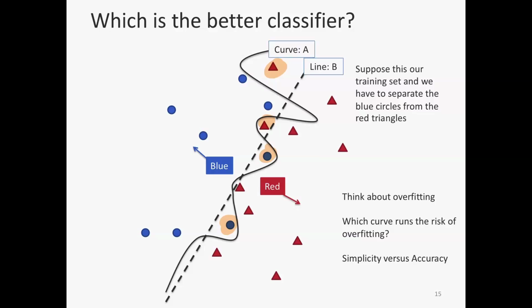There's no guarantee we will, because maybe the curve A is the true concept. Maybe this curve represents a river, and one side is something, and the other side is something else. And what is the boundary between the red and the blue? Yeah, sure, the river is a natural boundary.